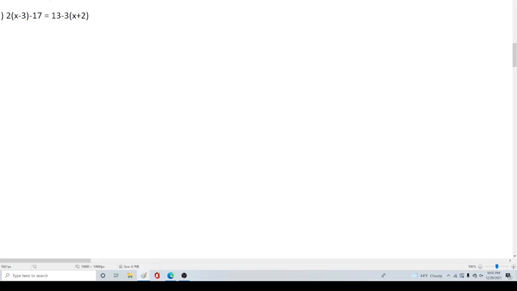So our final example for today will be 2 times the quantity of x minus 3, minus 17, is going to be equal to 13 minus 3 times x plus 2. If you guys remember what we're doing in this, we are undoing the order of operations. Do not get these confused. This is here to trick you. Some people on this side would do 13 minus 3 first. Please do not do that.